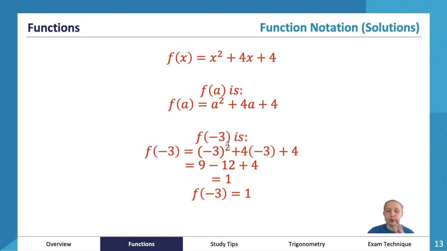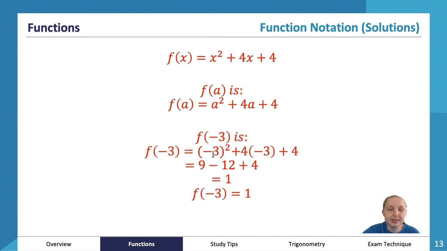If you don't put brackets around it and chuck it in your calculator, it would spit out minus 9. But that's not the case here because we need to substitute this whole entity, the whole minus 3, where the x is, and the whole x is being squared, so the whole minus 3 has to be squared. So you put it in brackets, square it, and your calculator will spit out 9 for you.